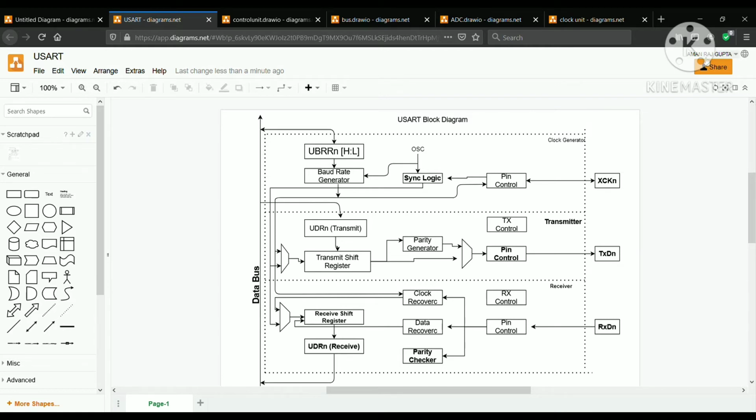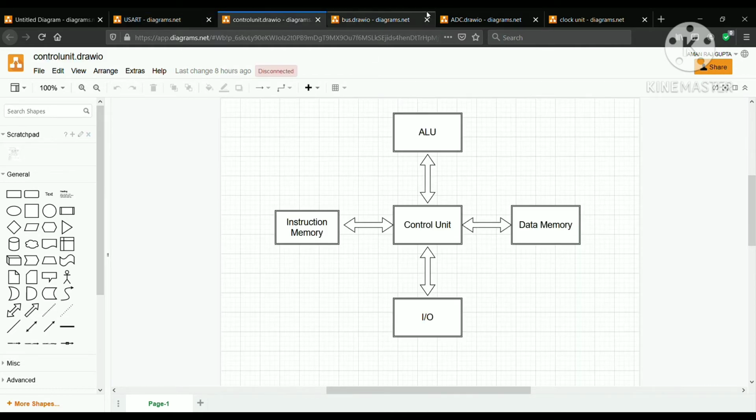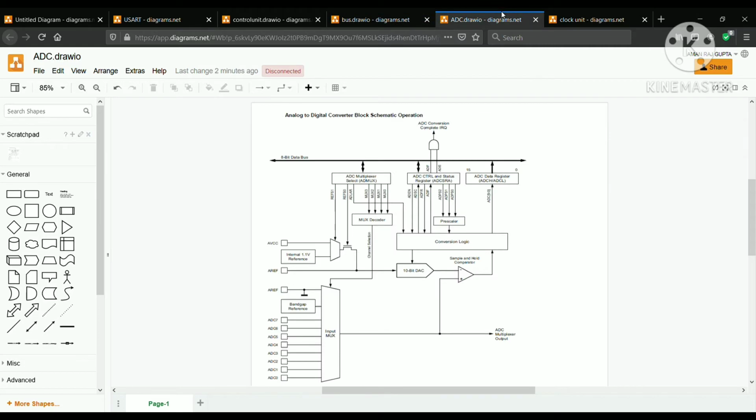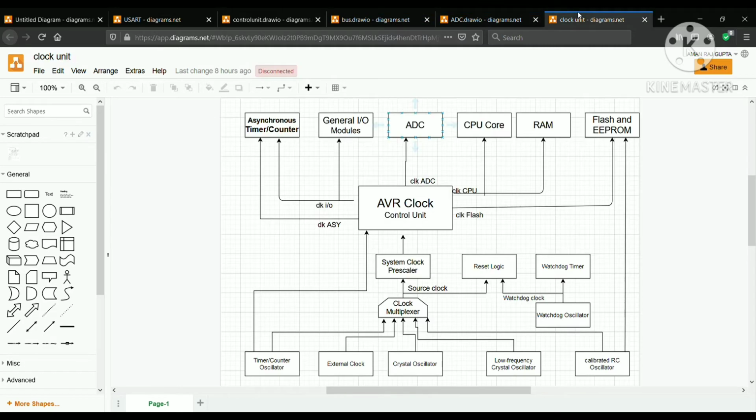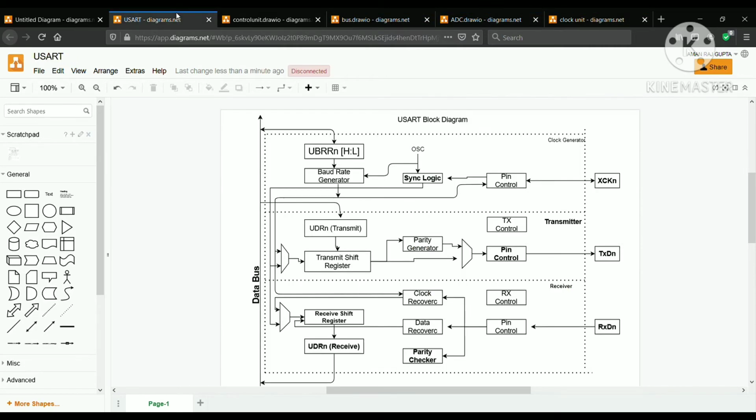Here you can see my account, Aman Raj Gupta, and there are several block diagrams I have made for this DA1. Let me make some changes.